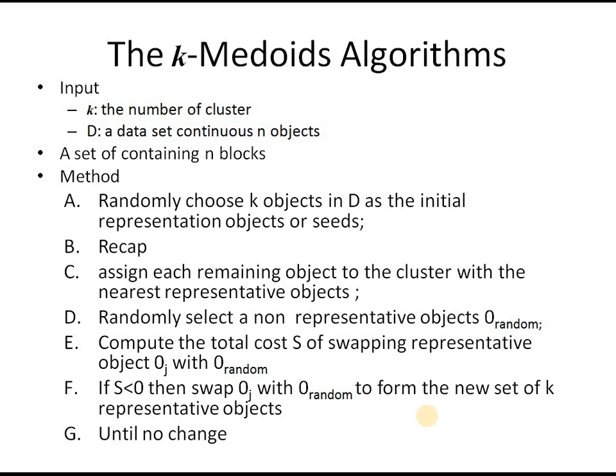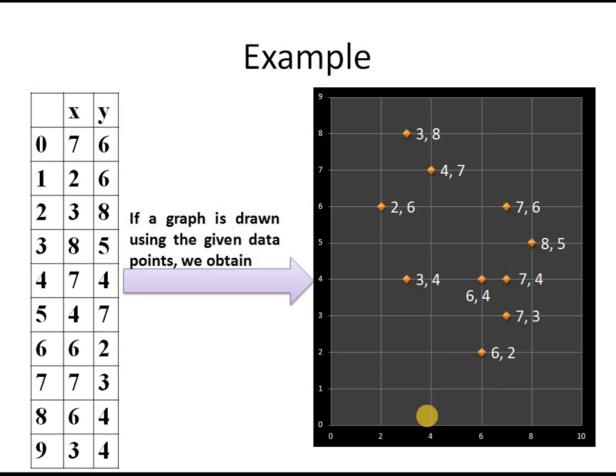Randomly select a non-representative object, o random. Next, compute the total cost S of swapping representative object oj with o random. If S is less than 0, then swap oj with o random to form the new set of k representative objects, until no change.